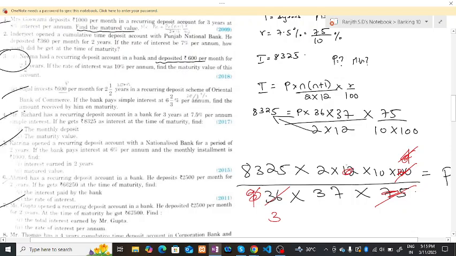Three threes are, and your... Sir, I got some. 3 fours are. Yes, what's the answer? Sir, I got 3,000. Okay, 3000.